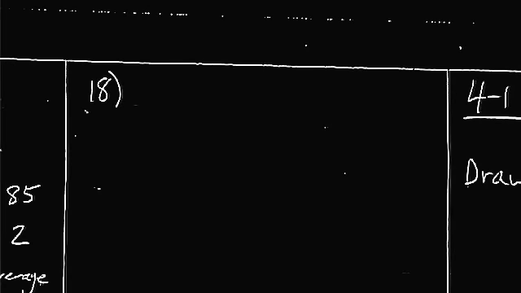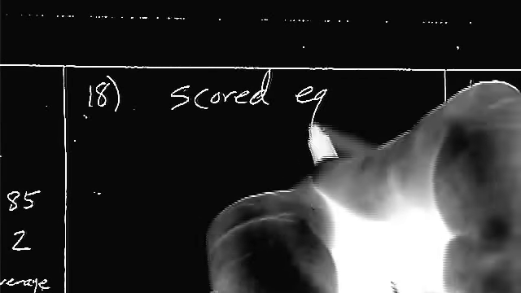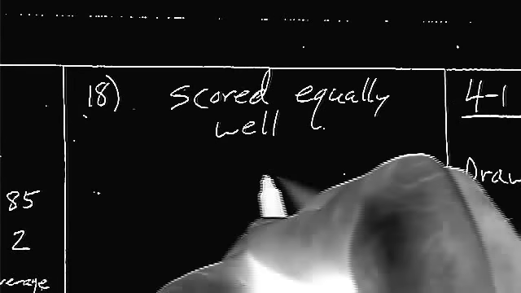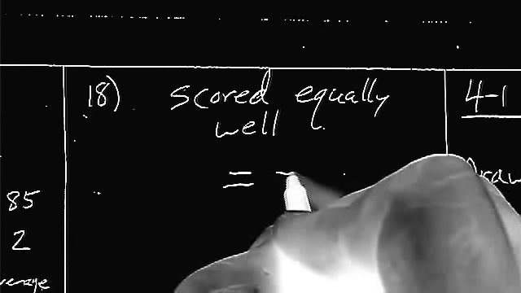Question 18. Sue had a 58 on the physics test. She scored equally well. That means she had an equal z-score.